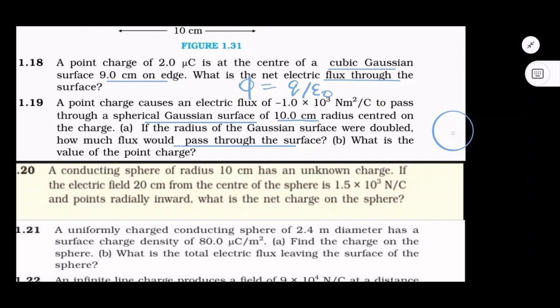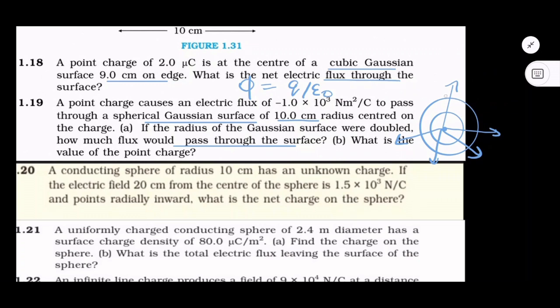If I increase the radius, the field lines move outward in this way. The same amount of lines will be passing through the radius of 20 centimeter as we increased the radius. So the flux will be the same through both the spheres, right?